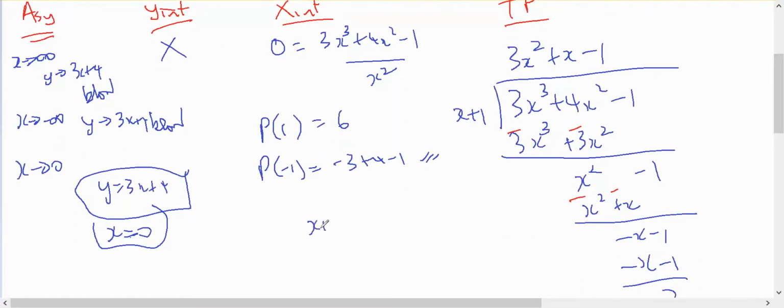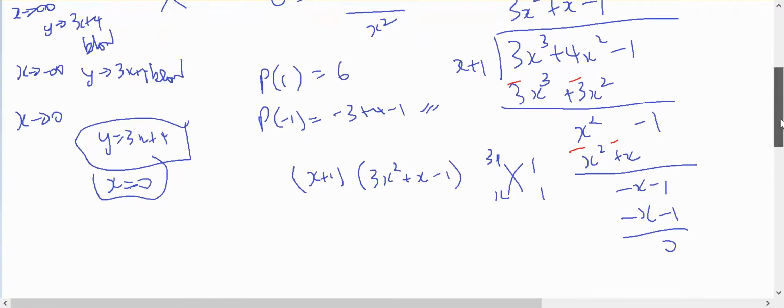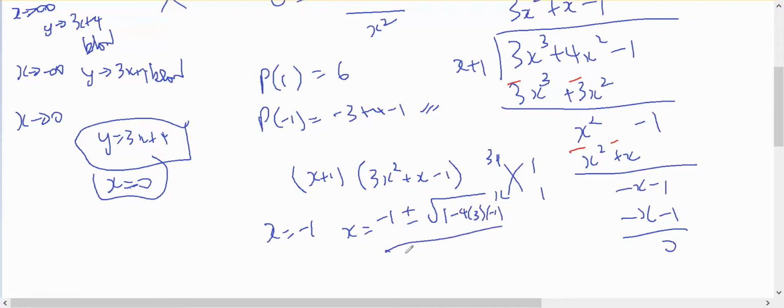So I've got x plus 1 and I've got 3x squared plus x minus 1. I'm not going to get to factorise it easily, so I might use the quadratic formula because I know that x equals negative 1 is one solution. x equals minus b, so minus 1 plus or minus the square root of 1 squared minus 4 times 3 times negative 1, all over 2a, which is 6.